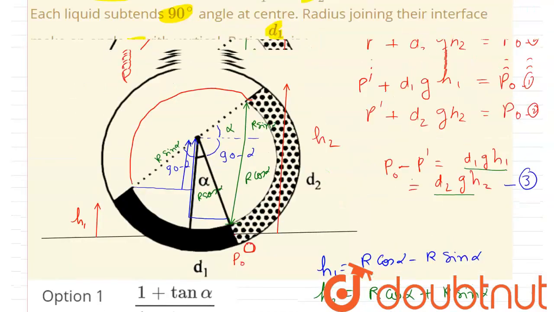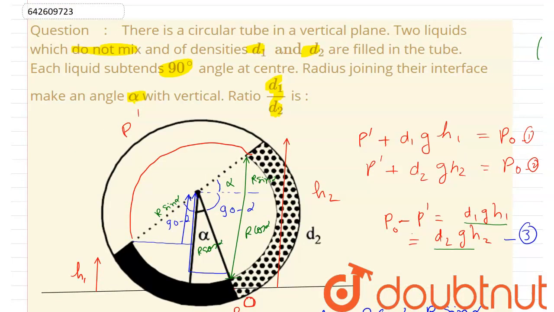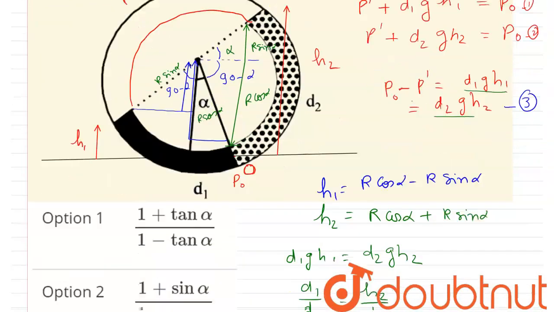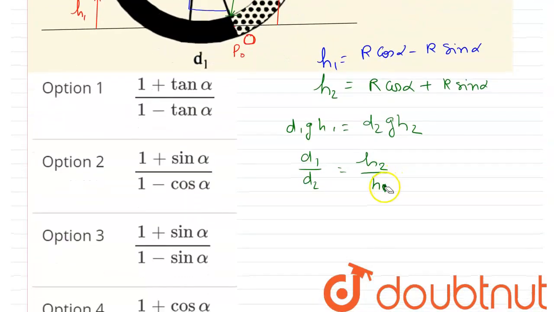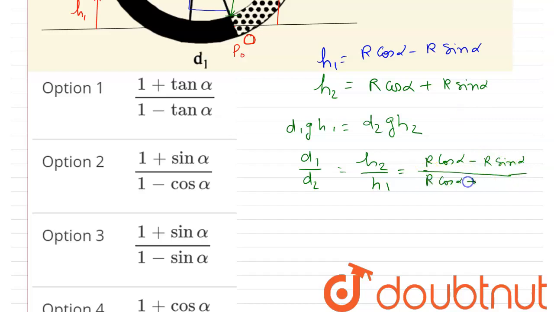And this is what we wanted from this question, the d1 by d2 ratio, right? So just put the values of h1 and h2 now. H1 here is this, h2 is this, so I will write R cos alpha minus R sin alpha in division by R cos alpha plus R sin alpha.